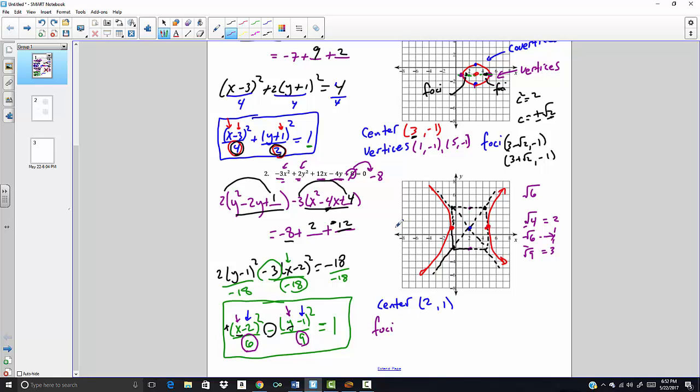So we have what is called a transverse axis that runs through these vertices together, okay? And along the transverse axis, we'll find our foci. And that distance from the center to the foci is given by the Pythagorean theorem. We'll say that c² is equal to a² + b². As it turns out, a² is the first term on the bottom, which is 6, and b² is 9 for the hyperbola.